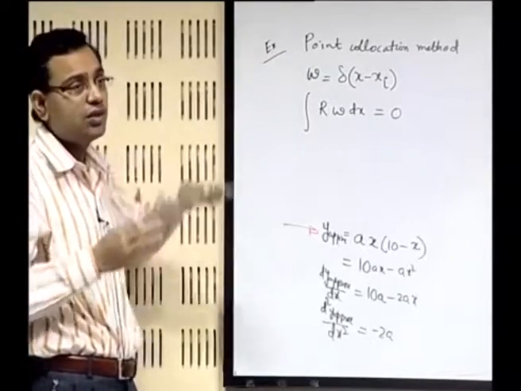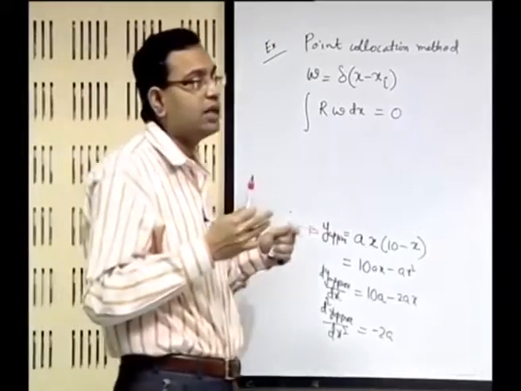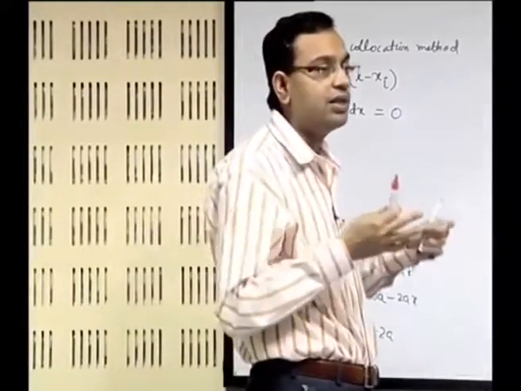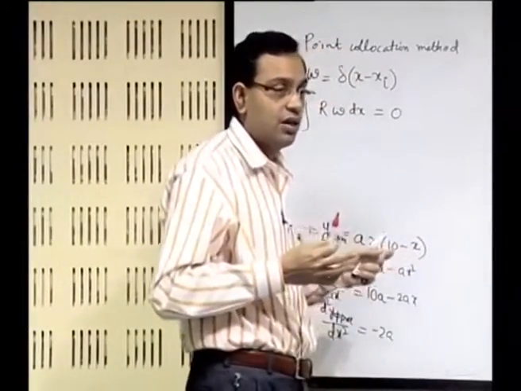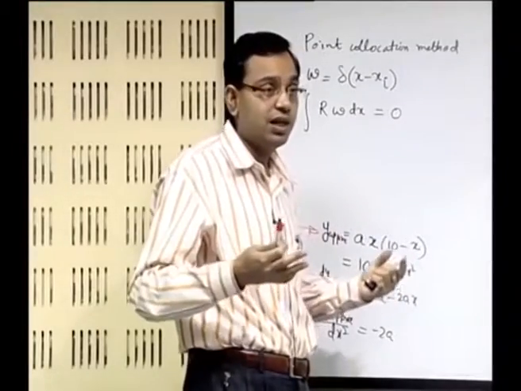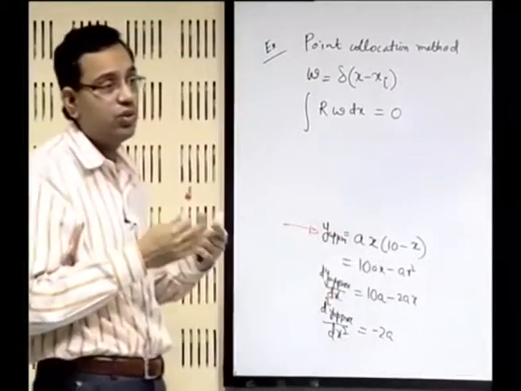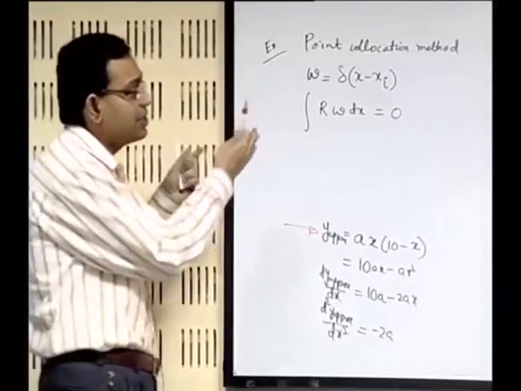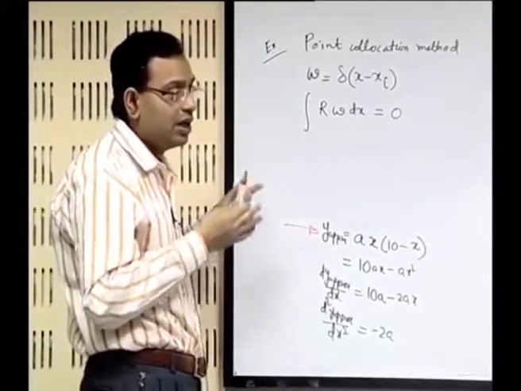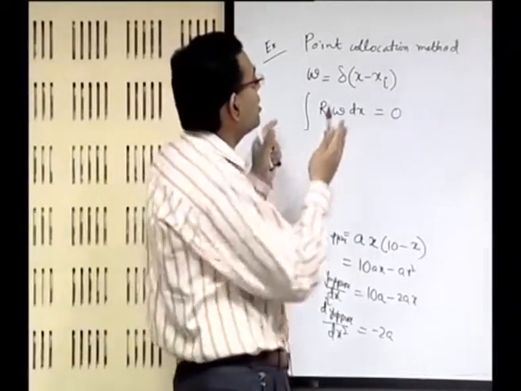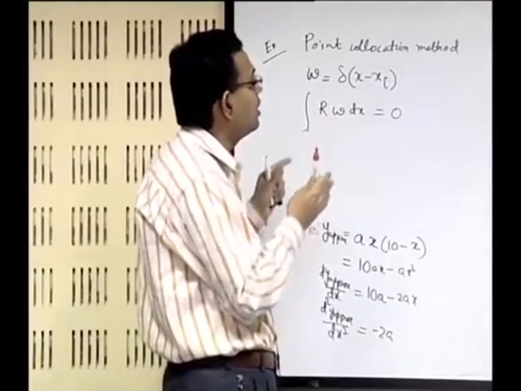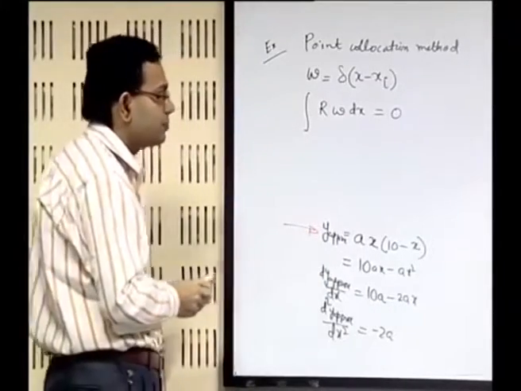So, different methods are basically formulated based on different philosophies by which the weighting functions are formulated. Of course, you can have different trial functions, but that is not a necessity. But as you go from one method to the other, these are all special cases of the weighted residual method. You have to consider the concept of the weighting function in a somewhat different way.